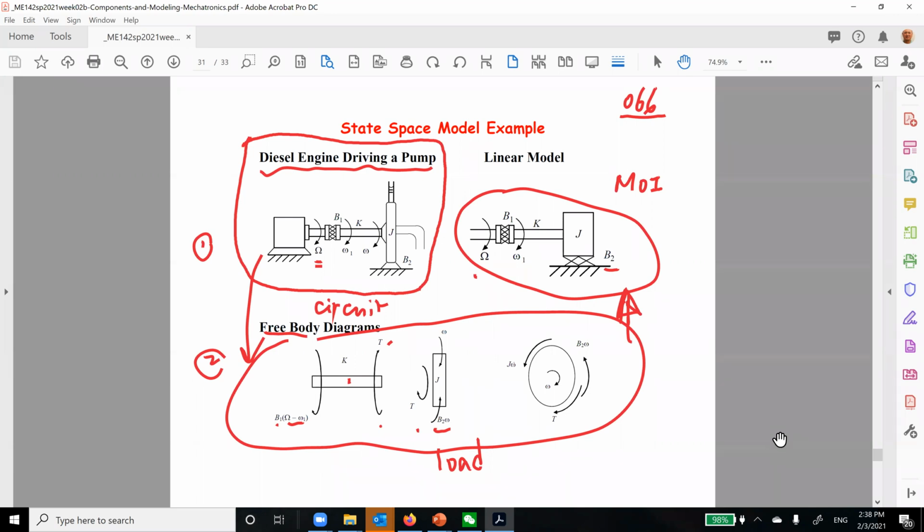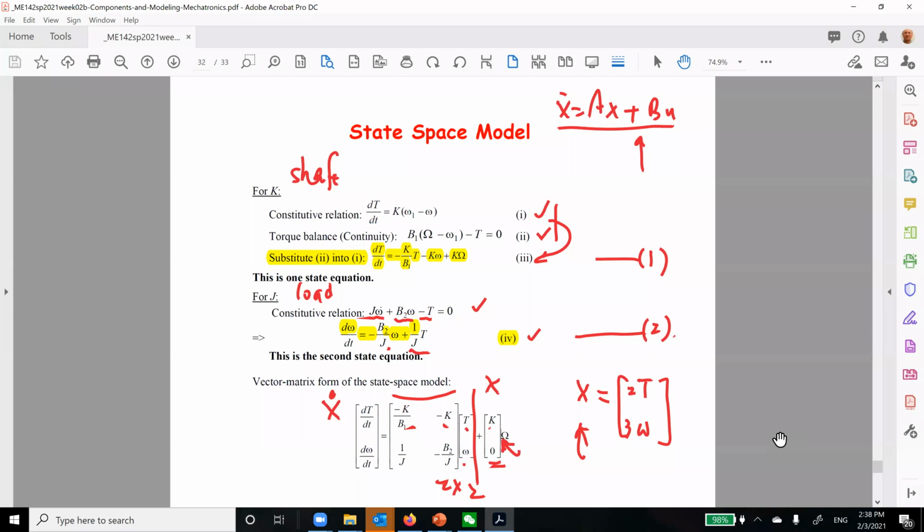Then there's a coupling between them. This is actually a connection, like you have branches, you have nodes. Then you apply the principles of KVL and KCL, and you will be able to get all the equations of motion out.